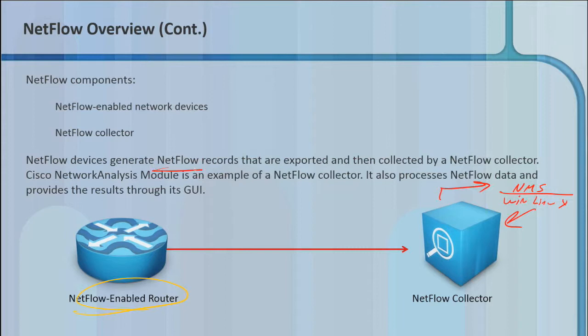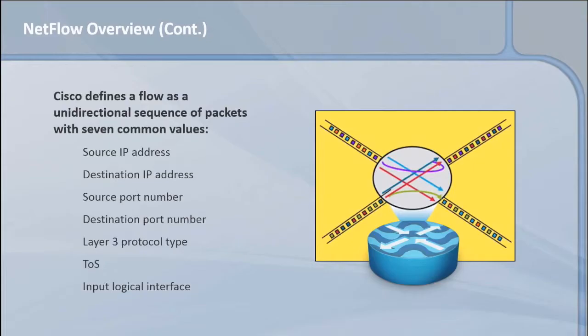NetFlow devices generate NetFlow records that are exported and then collected by what they call a NetFlow collector. Cisco's Network Analysis Module, a blade that you could put into something like a 6500, would be an example of a NetFlow collector. I think they've got one for the Nexus 7000 now. So you could actually have one that's hosted inside of a Cisco device. It also uses NetFlow data and provides results through the GUI.